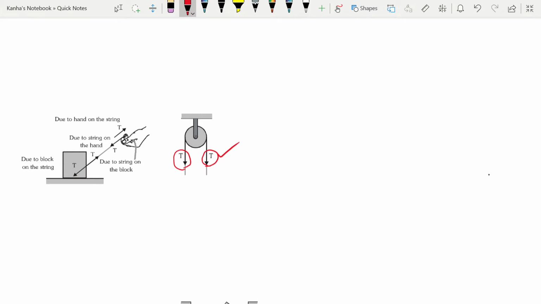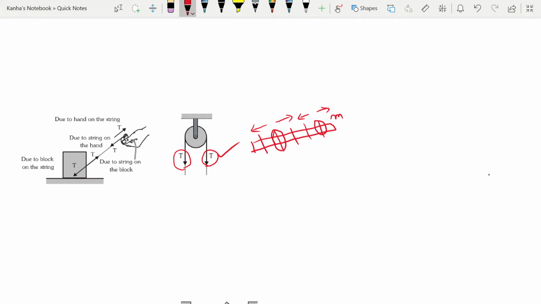However, if the string is massive, then you should take note that if this is my string and it has some mass, let's say m, then the tension at each point is different. It depends on how much force is being applied on the left side and the right side. For example, the tension here will depend on whatever forces are being applied on this side and this side. Similarly, the tension here will be different.